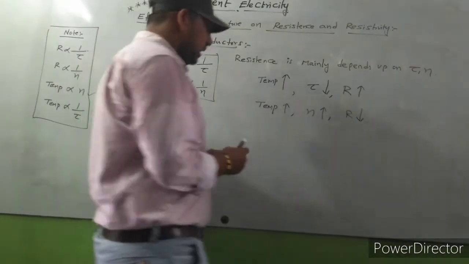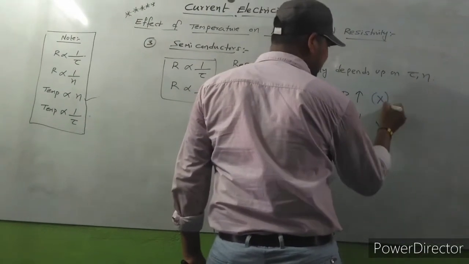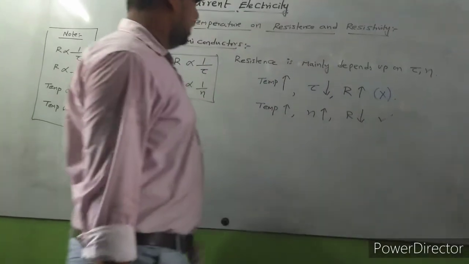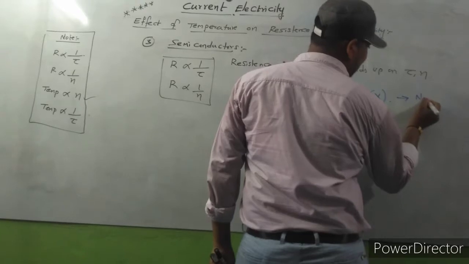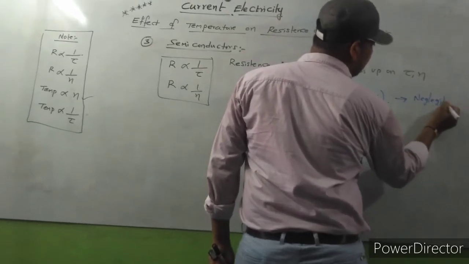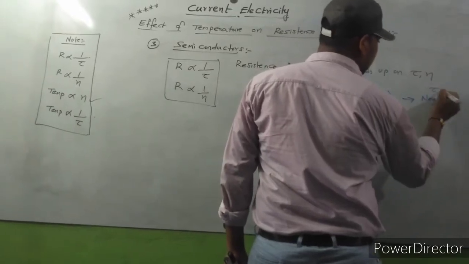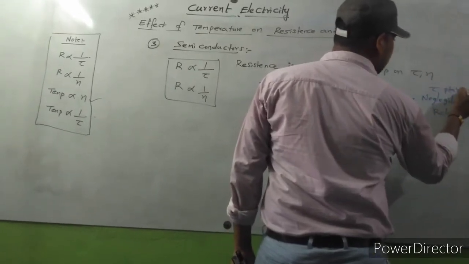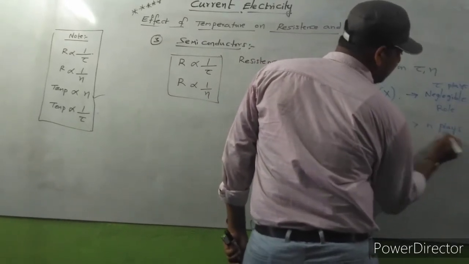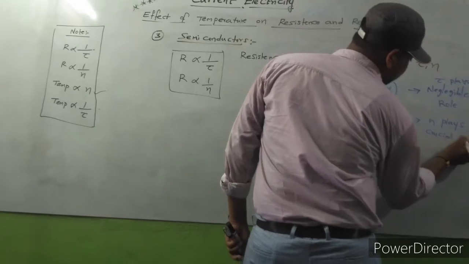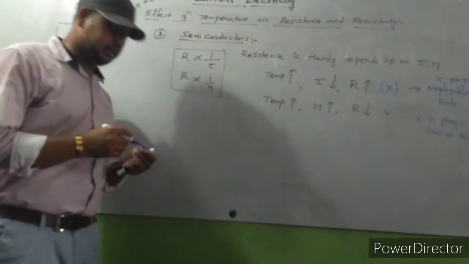Here N plays an important role and tau plays a negligible role. N plays a crucial role in the case of semiconductors.